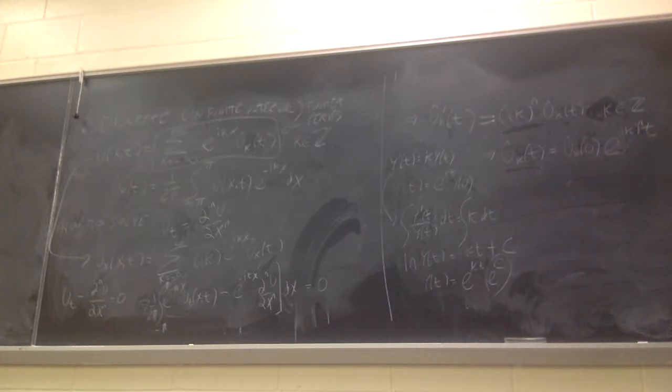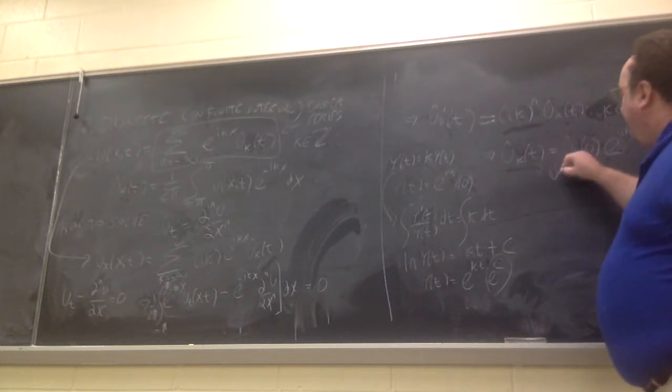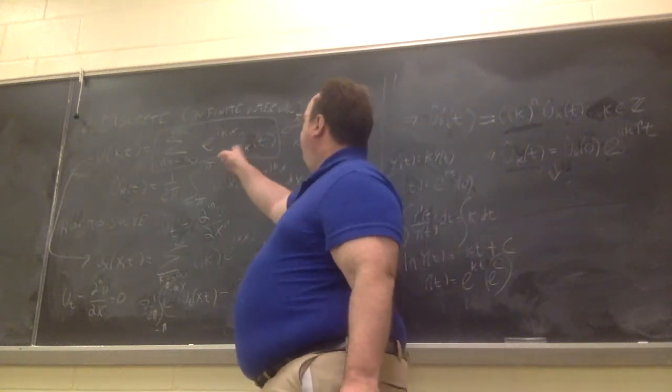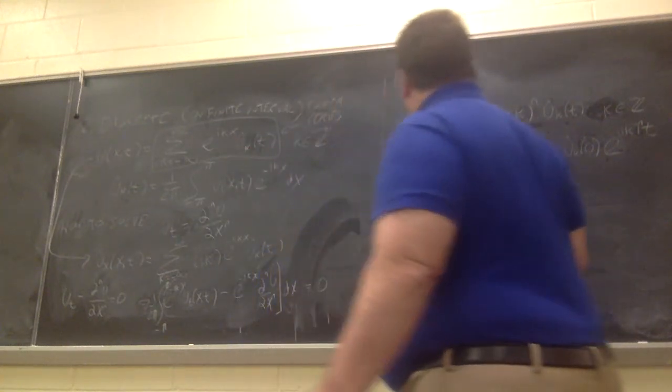Okay. So that's the solution for each ODE. So now what we can do is carry out the inverse Fourier transform, this summation. We know what this is now. We can put that back in there.